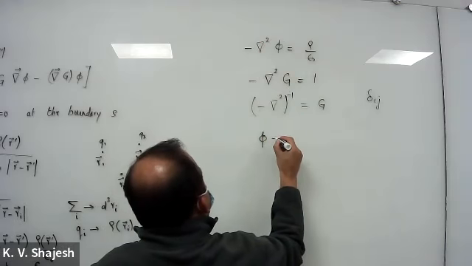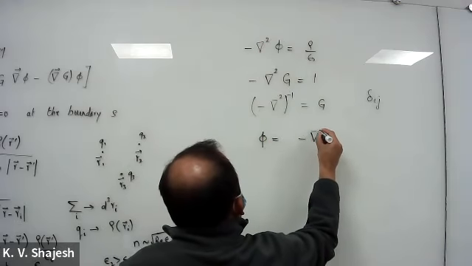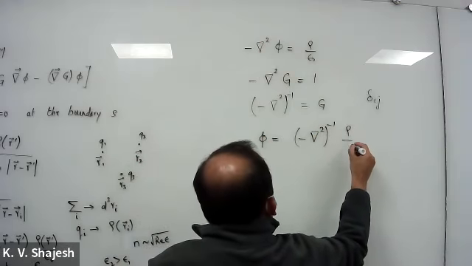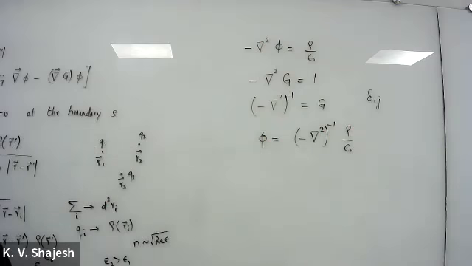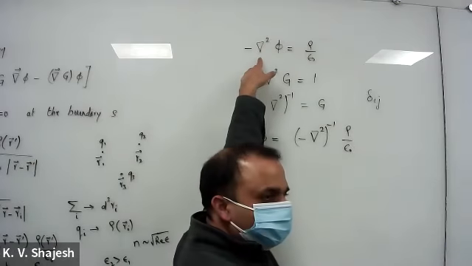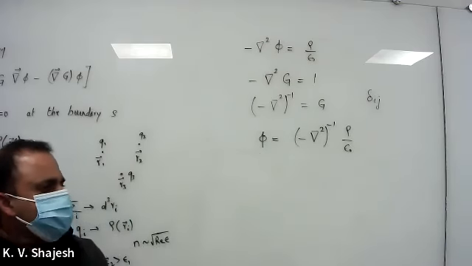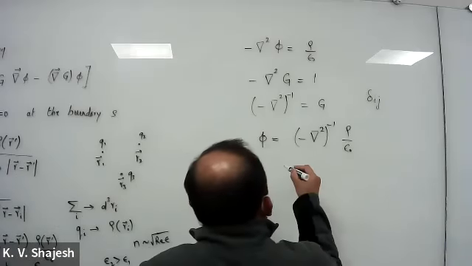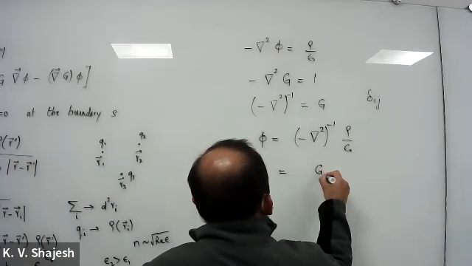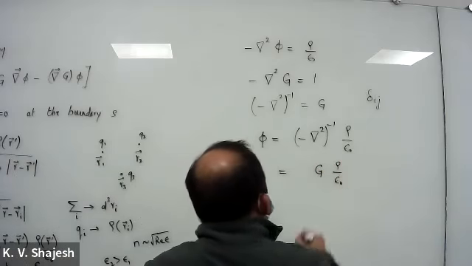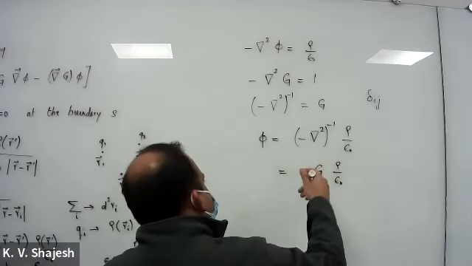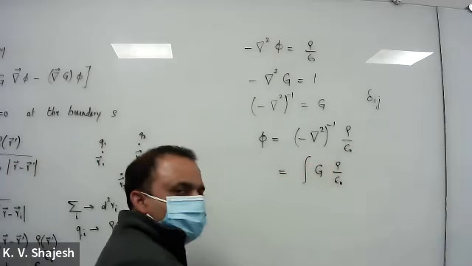Okay, so if that's the Green's function, now I use that in here. So phi is now equal to the inverse of gradient squared acting on rho over epsilon naught. Symbolically speaking, these are all differential equations. So when I invert a differential equation, I get integrals, right? But symbolically speaking, that's nothing but G times rho over epsilon naught. But then you realize that these are differential equations, so I don't simply write G; there's an integral that comes in.